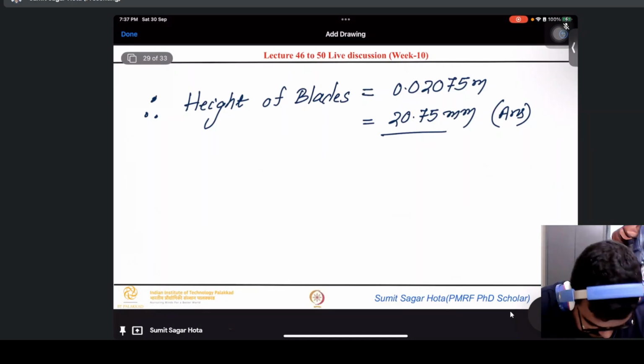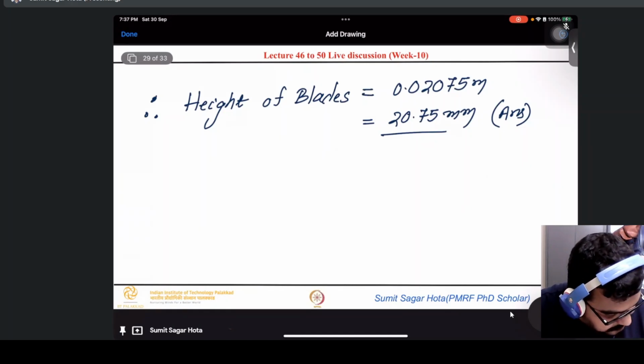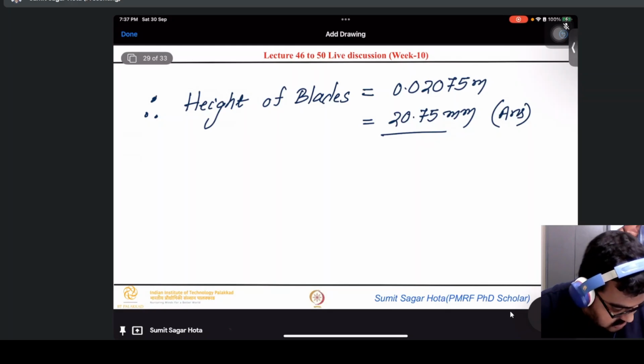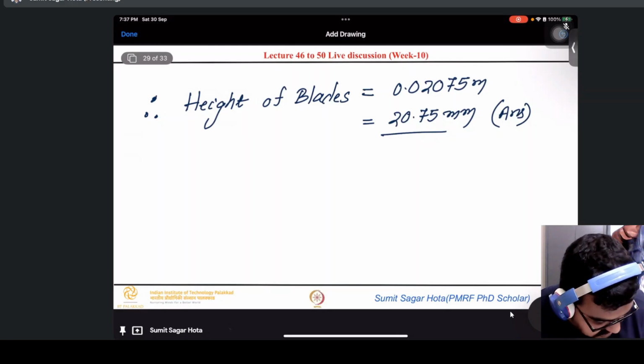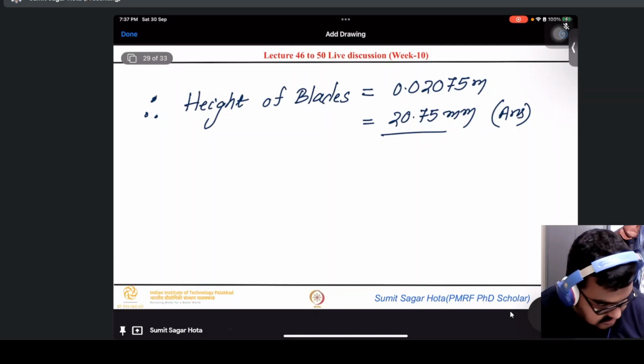So here in question 3, I think one thing I asked is the blade angle and the blade height. This is your blade height, and your blade angle it asked. Blade angle means it cannot be one angle. So your beta 1, beta 2, whatever we found out, those are your blade angles.